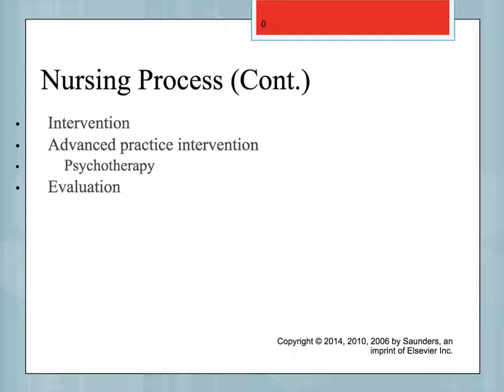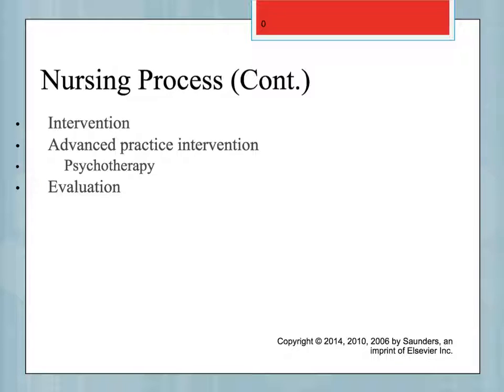We need to enhance self-esteem. We need to also work on behavior modification and their social skills. In sexuality, we need to think about the behavior management. There are some really good interventions for paraphilic disorders on page 396 in your textbook.